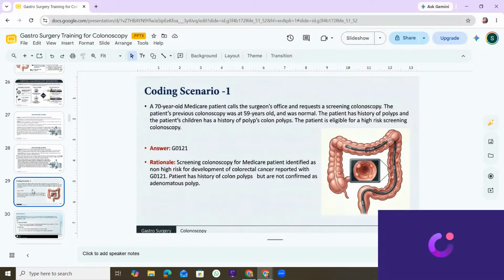Answer is G0121. Rationale: screening colonoscopy for a Medicare patient identified as non-high risk for the development of colorectal cancer is reported with G0121. The patient has no history of polyps confirmed as adenomatous, so that's why it is coded as non-high risk.